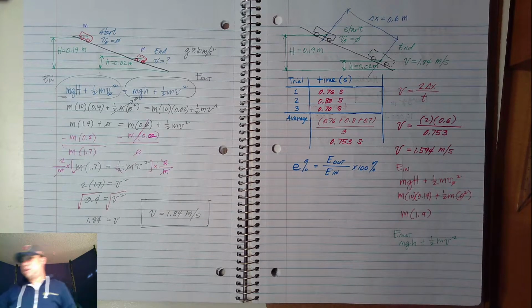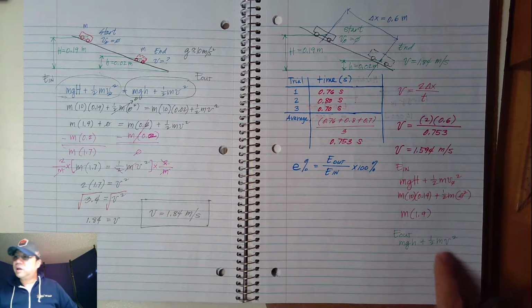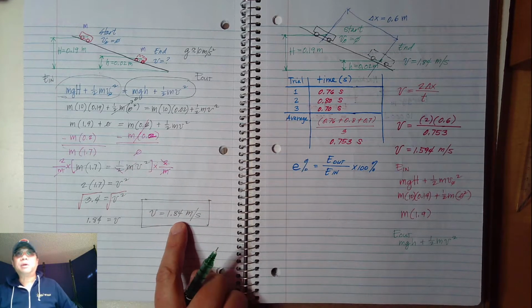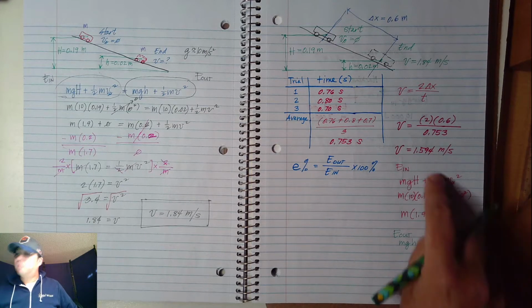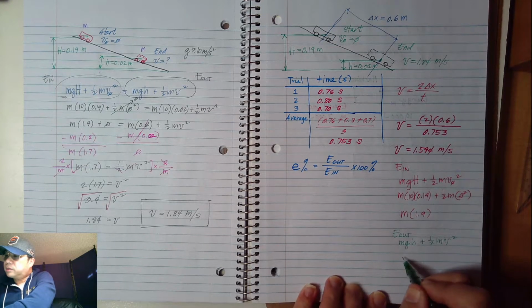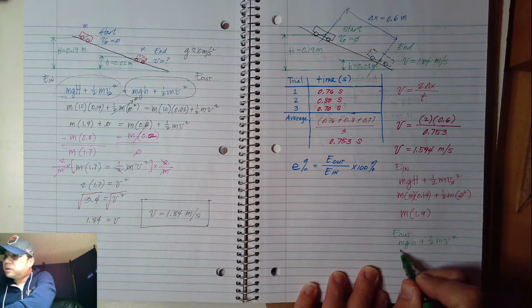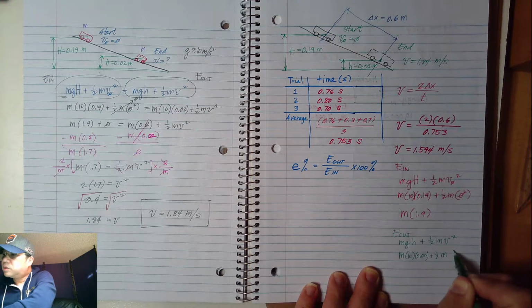But this time, instead of using the velocity of 1.84, we will use 1.594. So this will give us m times 10 times 0.02 plus 1/2 our mass times the square of 1.594.